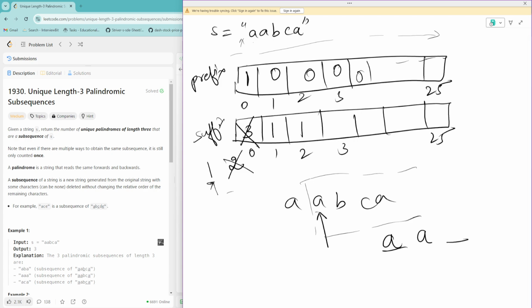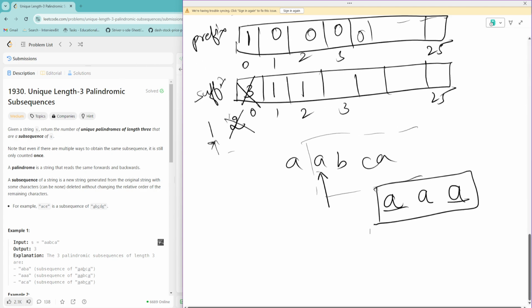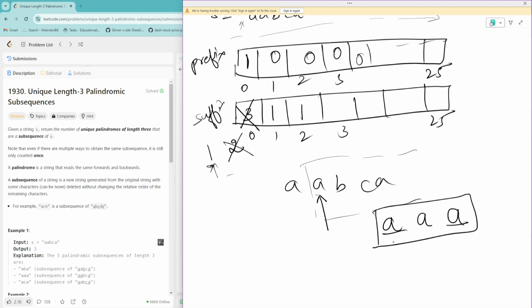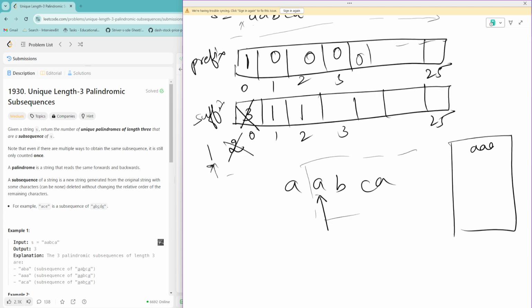Yeah, there is. So one of my subsequences would be AAA. Then I would put this subsequence in my set to maintain unique palindromes.